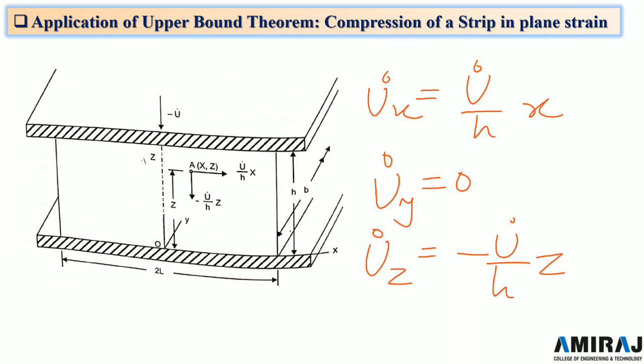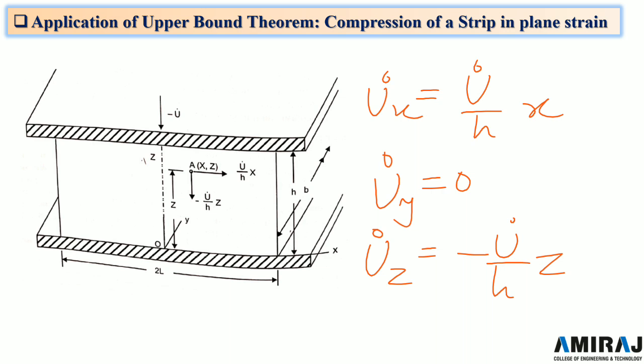So the strain rate may be calculated by differentiating the above velocity field equations, and velocity in the y direction is 0. It is taken that the plane sections before the deformation remain plane during deformation. So the velocity in the x direction is a function only of x, and in the z direction only of z.